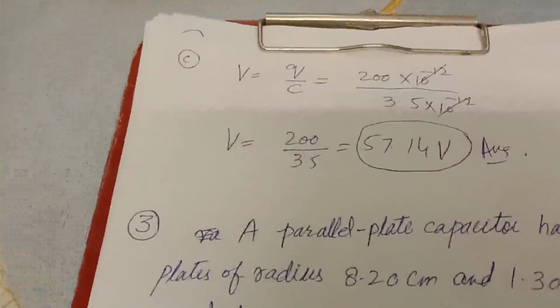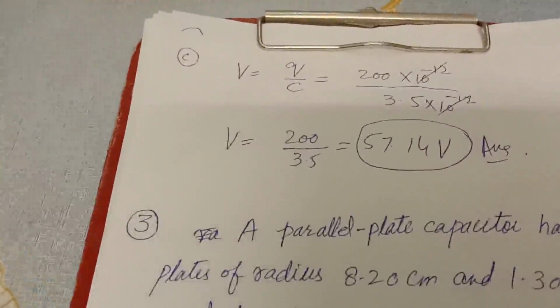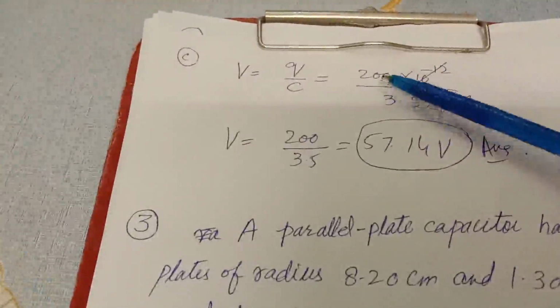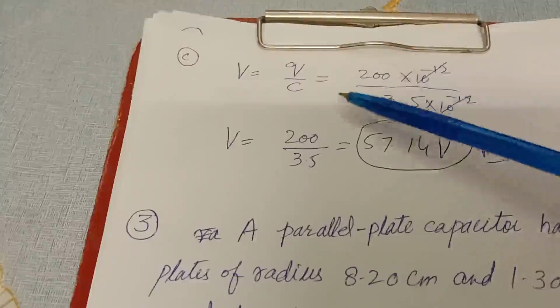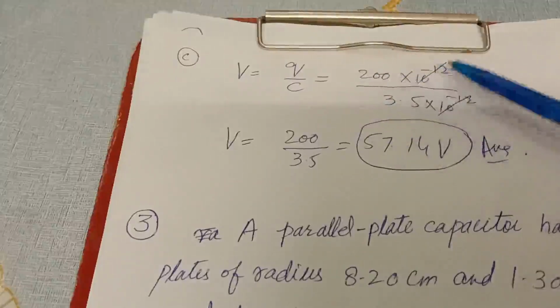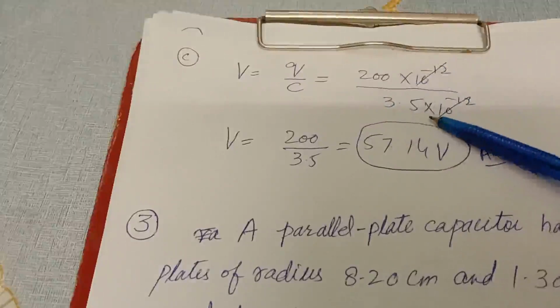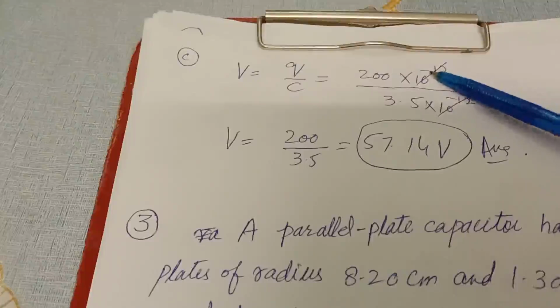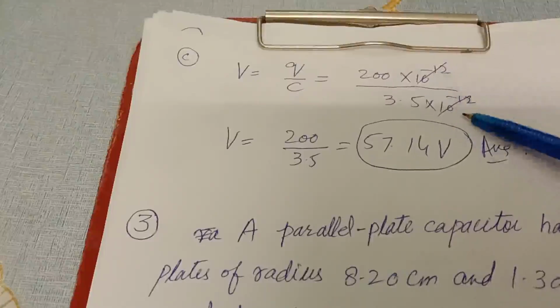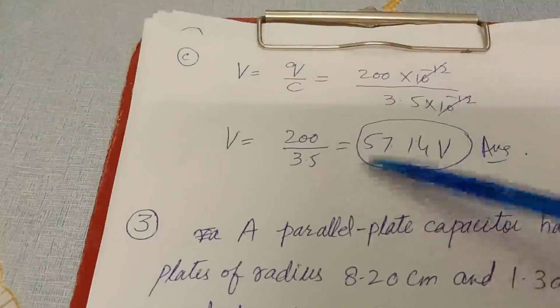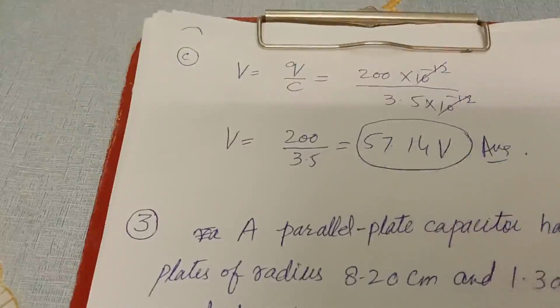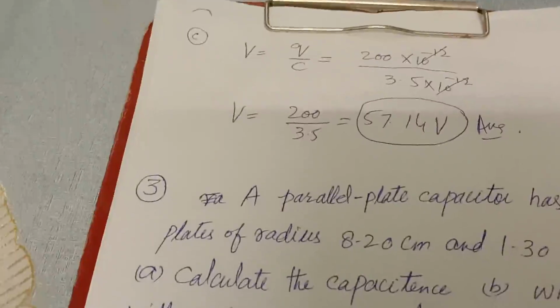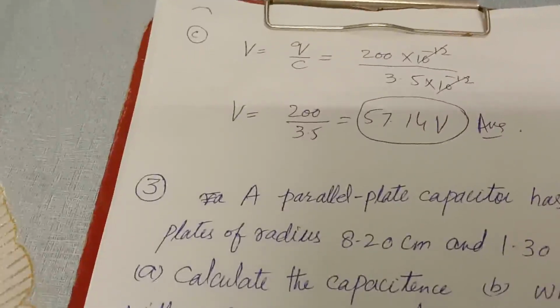V is equal to Q over C. Putting the values, Q is 200 into 10 to the minus 12 over C, which is 3.5 into 10 to the minus 12, C unchanged. When we solve it, 10 to the power minus 12 cancels with 10 to the power minus 12. So 200 over 3.5 gives us 57.14 volts. So now the potential difference between the plates would be 57.14 volts.